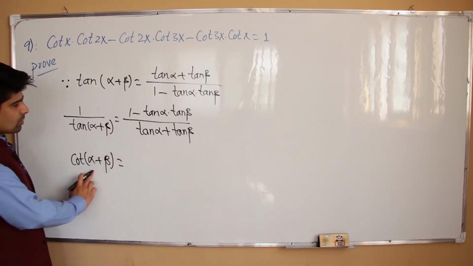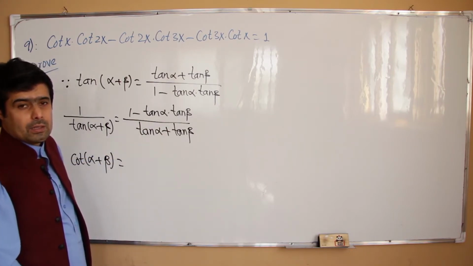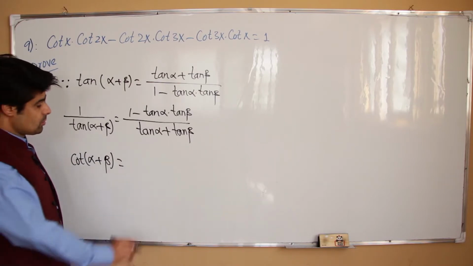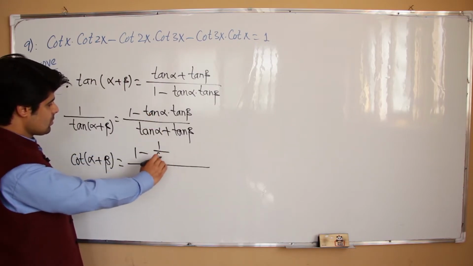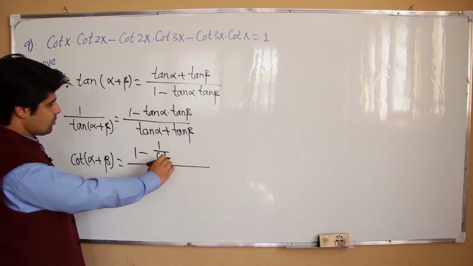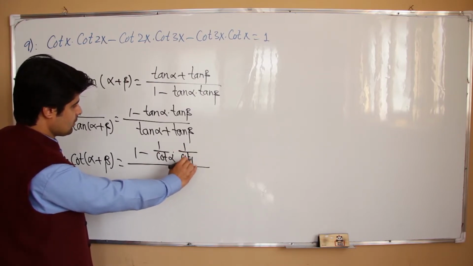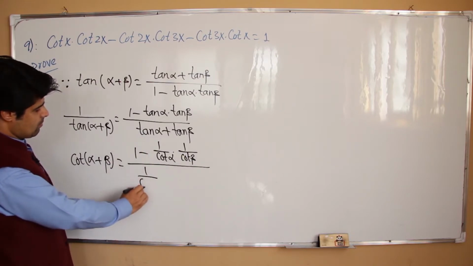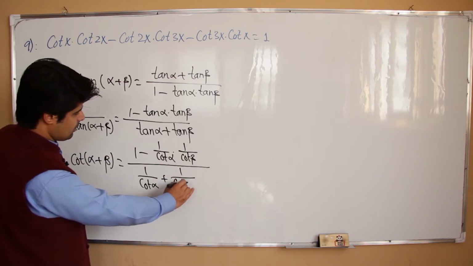But here cotangent is defined in terms of tangent, and I want to define it in terms of cotangent. So what should we do? Tangent of alpha is 1 by cotangent of alpha, and this is also 1 by cotangent of beta. Here 1 by cotangent of alpha plus 1 by cotangent of beta.